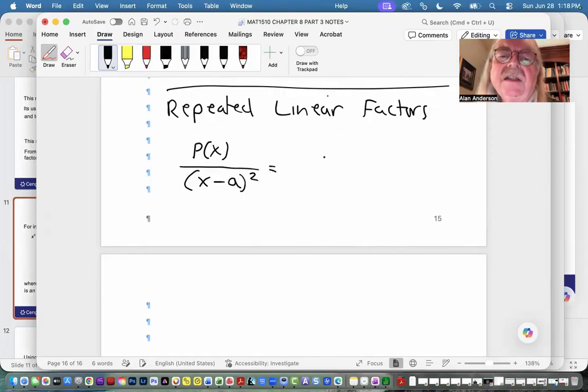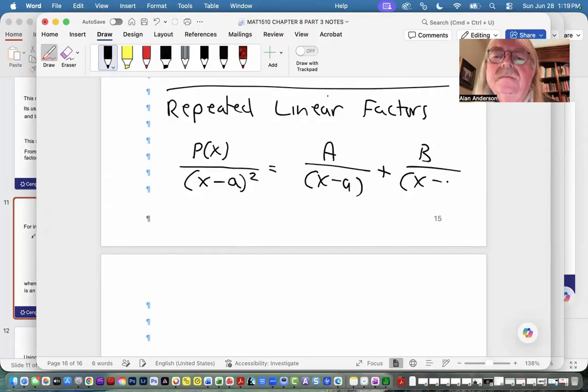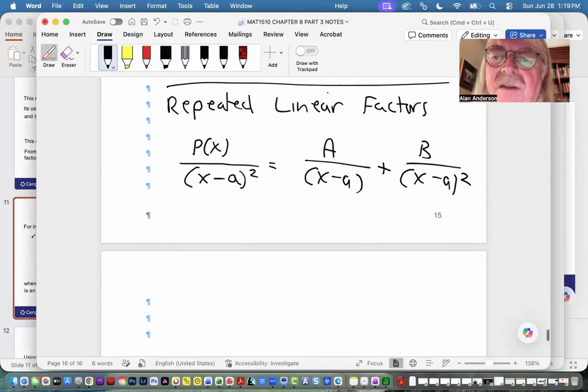So we're going to write it like this. Okay. So in other words, now A could be literally any constant, and it could be plus. But the fact that it's squared means we have to break it up into two pieces. The first one, the denominator is just x minus a. In the second case, it's x minus a squared.